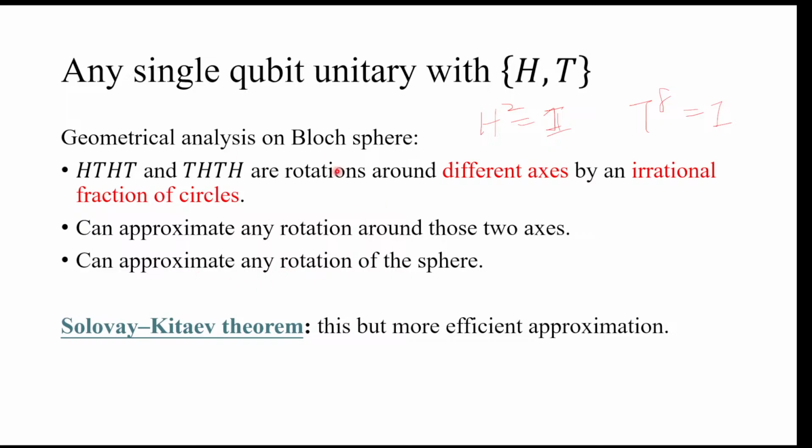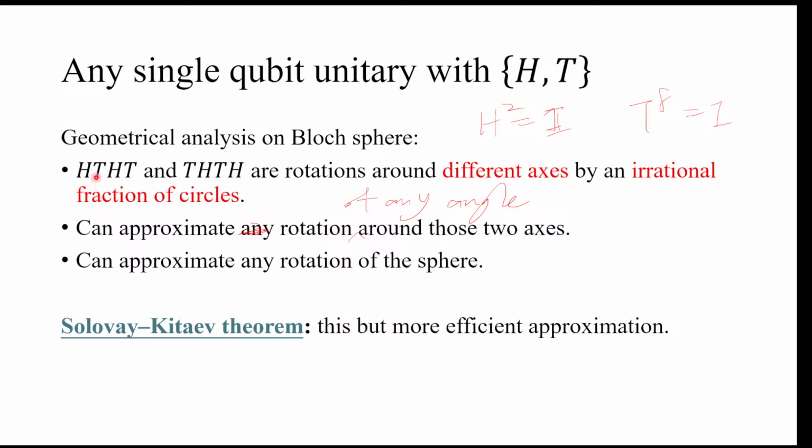Okay, and so then from just these two properties, we can show that any rotation of the Bloch sphere can be obtained from them. So first, you can show that because the rotation angle is an irrational fraction, if you just do it enough times, you can get a rotation of any angle. The important part is any angle, because you have an irrational fraction, so you keep doing HT many times.